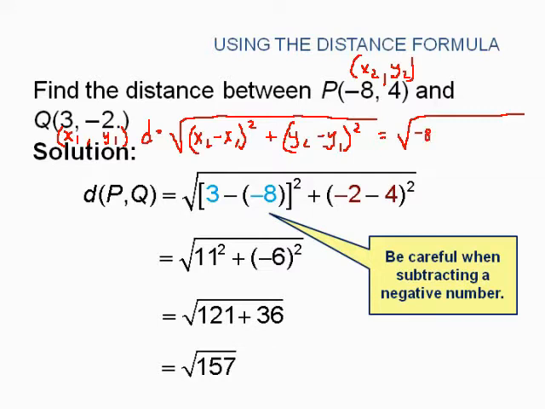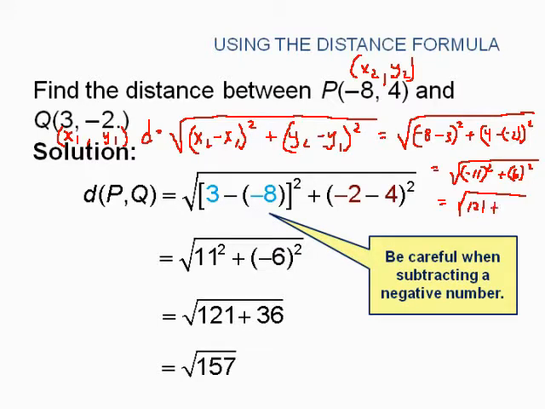It would be negative 8 minus 3 squared plus 4 minus negative 2 squared, which will give us the square root of negative 11 squared plus, watch those signs again, 6 squared. And notice, no matter which one you call x1, y1, and which one you call x2, y2, when you square things and subtract them, you're going to end up with what they did down here.